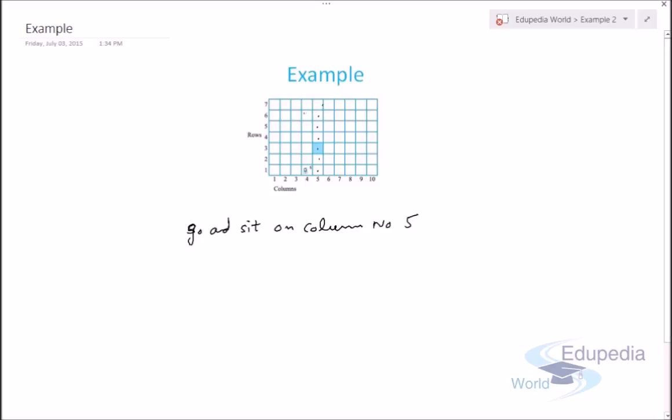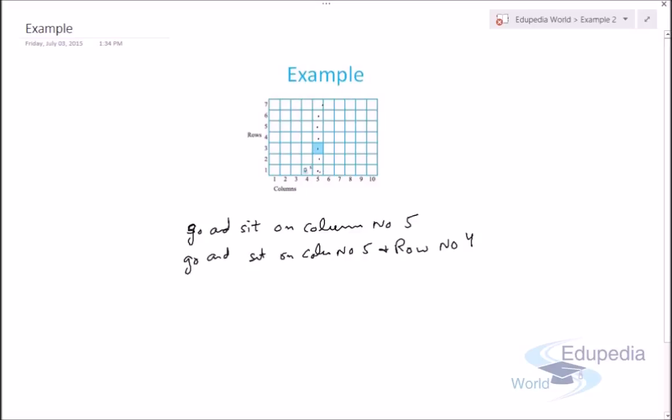So you will be confused where to sit. So if your teacher says go and sit on column number 5 and row number 4, you can exactly locate the position.